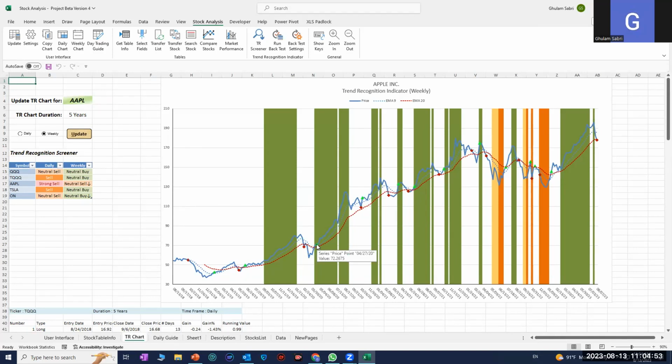As far as Apple is concerned, for example, when you got this signal in the past and entered here, look at how much growth it has shown after that, from around 50 to 75, 50% growth. Then when you again come down, the green zone ends, you get this signal, that means it's time to get out.